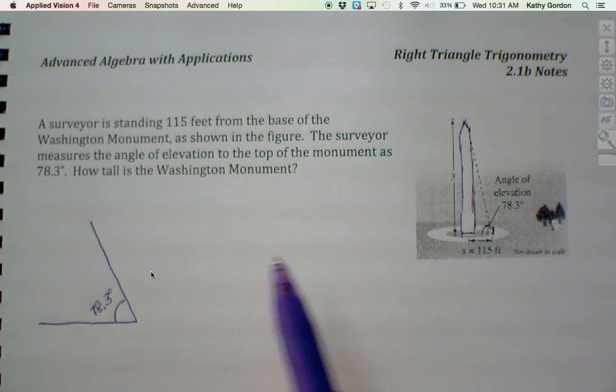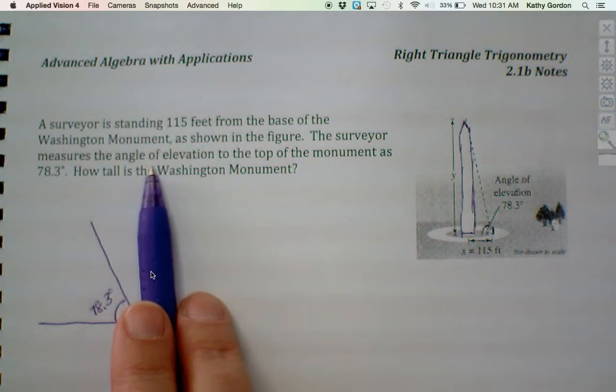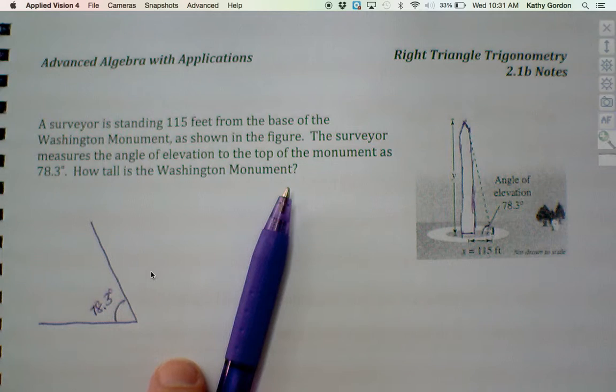Okay? Because he is looking up, we call that an angle of elevation. So you see this kind of terminology quite a bit in trig problems. An angle of elevation or an angle of depression.